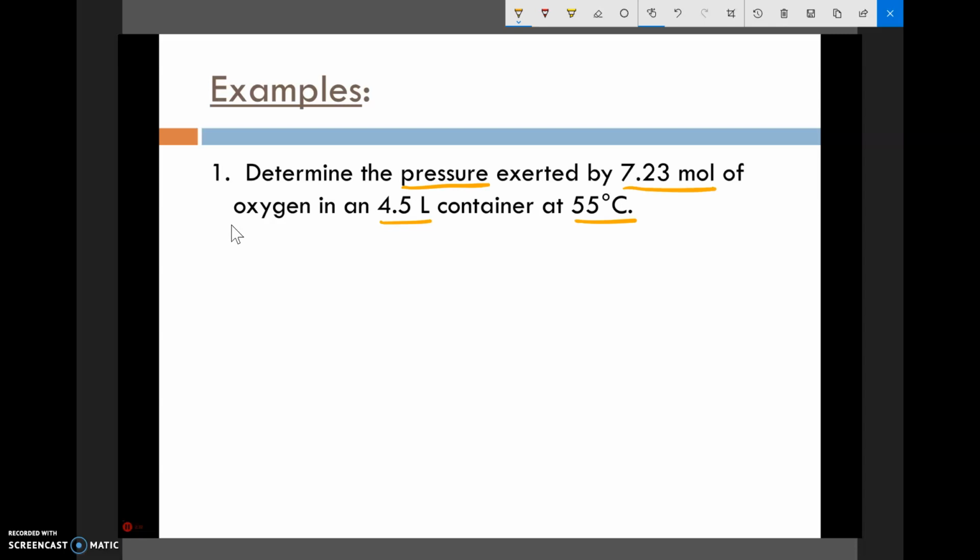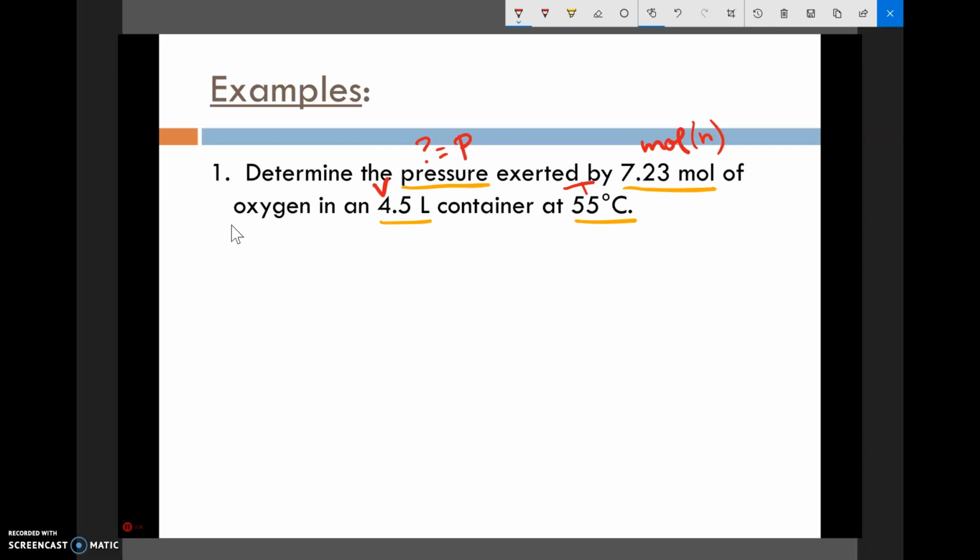So let's go ahead and assign variables to these. Pressure, of course, is going to be our P. That's our unknown. And we have 7.23 moles. So that's our moles, which is going to be our n. Then we have 4.5 liters. This is a volume. 55 Celsius, that's a temperature. Now you have to make sure you have these in the correct units.